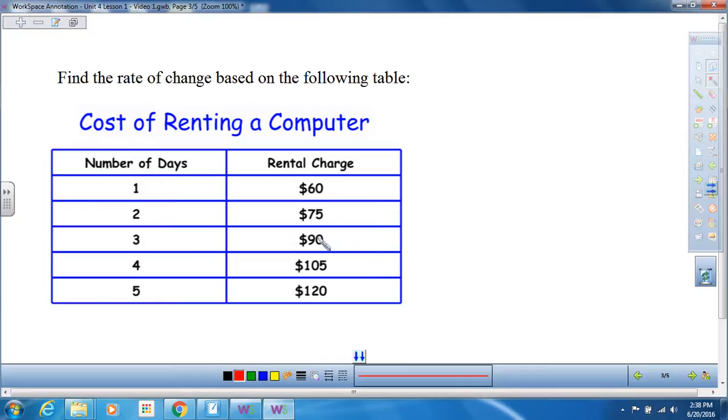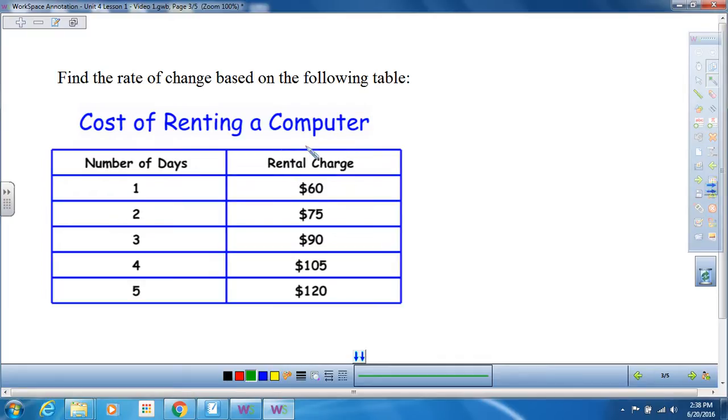So let's look at this example. Find the rate of change based on the following table. We have the number of days and then the rental charge. So we have to think, okay, does number of days depend on the rental charge or rental charge depend on the number of days? Your charge is going to depend on the number of days.